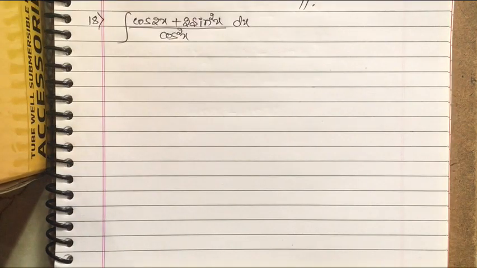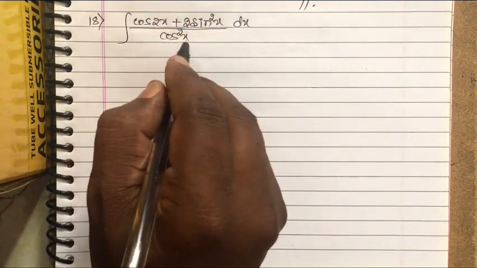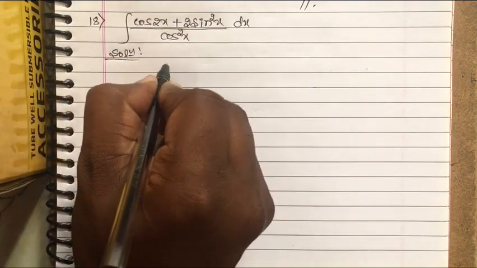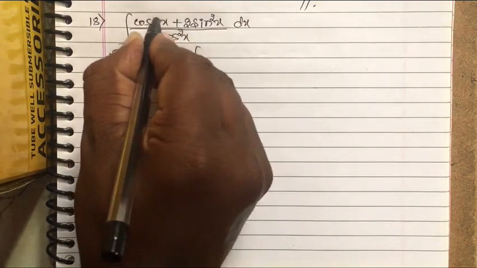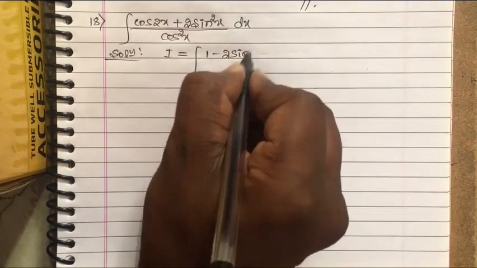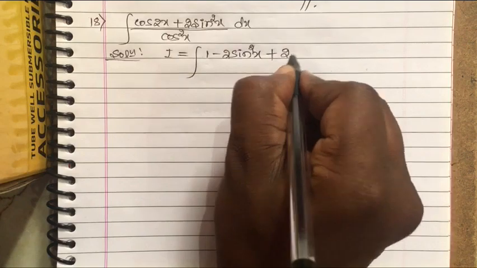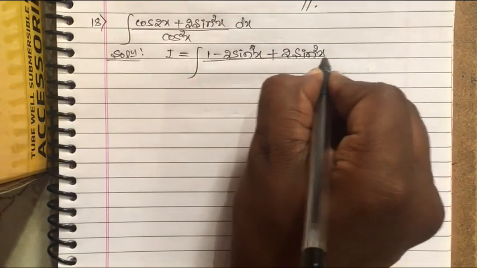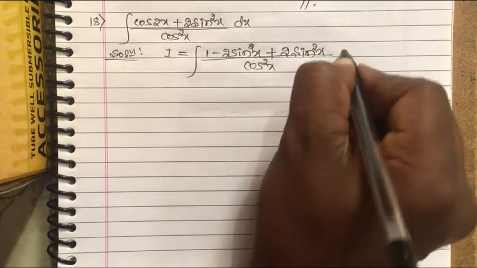Well, the 18th question is integral of cos 2x plus 2 sin square x divided by cos square x. Let us solve this. I equals integral, and in place of cos 2x I can write 1 minus 2 sin square x, plus this 2 sin square x as it is, whole divided by cos square x dx.